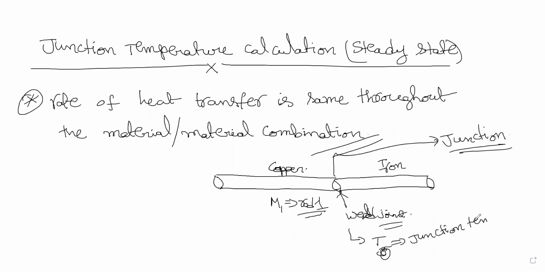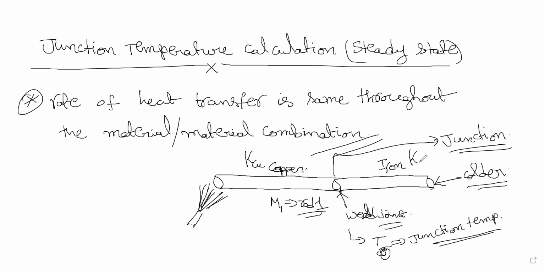Under what condition do we talk about junction temperature? Suppose the copper rod is heated at this end and the iron end is the colder end. Because the rods are different, the thermal conductivity of copper is different from that of iron.